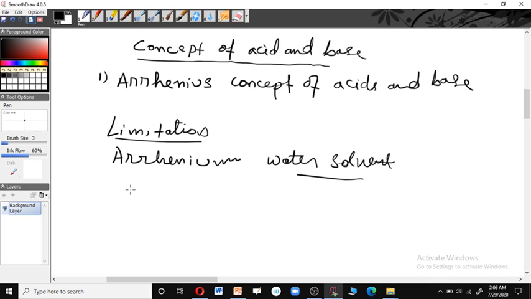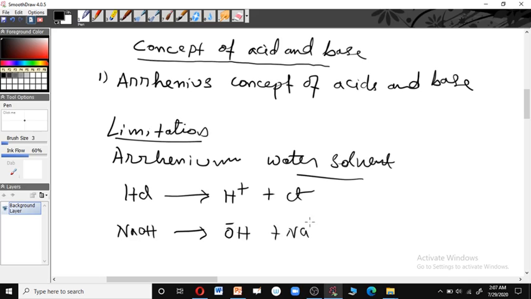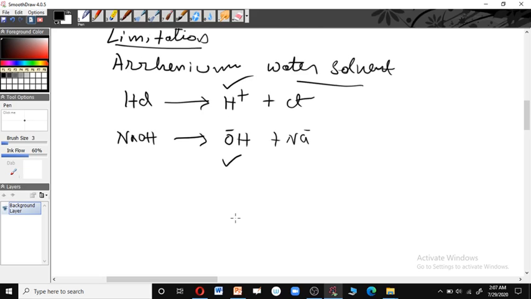He said, when an acid is dissolved in aqueous medium, it gives H plus. When a base is dissolved in aqueous medium, it gives OH minus. So this was the acid and this was the base. But it worked only in the solvent. But in the actual concept, acid and base should be applicable to other solvents as well.